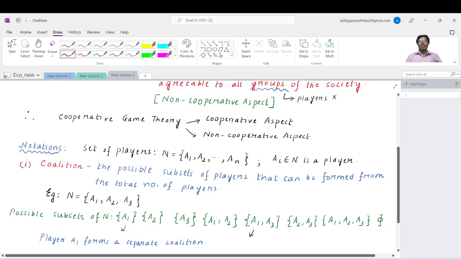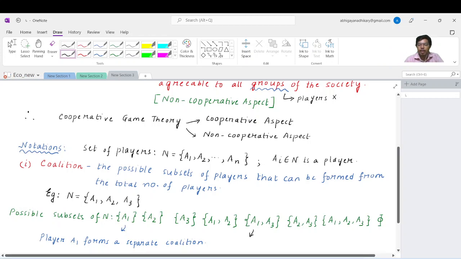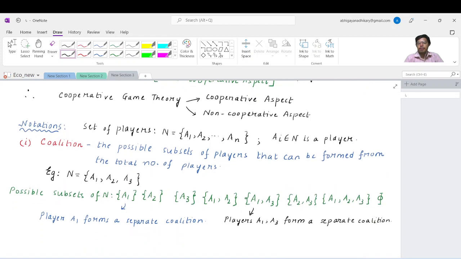That players A1 and A3 together want to cooperate, but they don't want to cooperate with other players. That means players A1 and A3 decide to work together and form a separate coalition. This is what it essentially means.